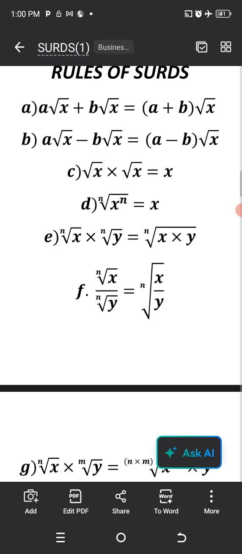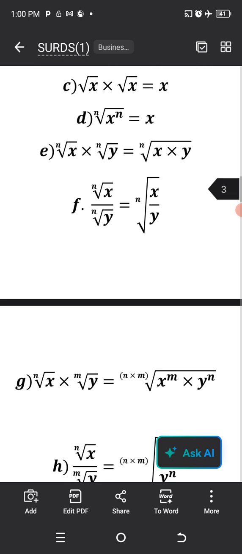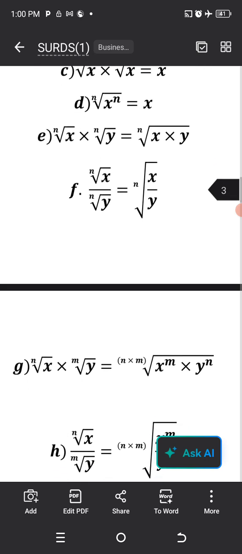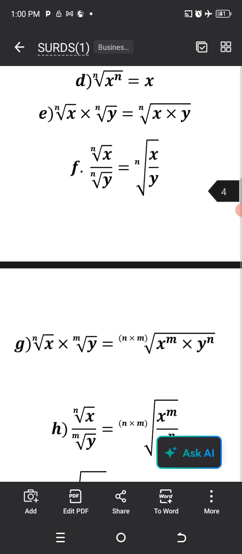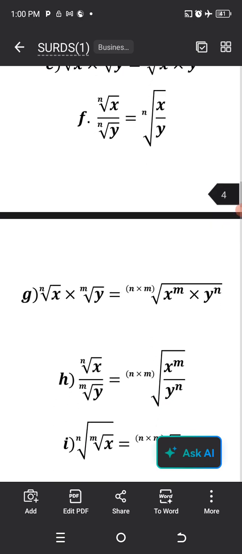So the nth root of x multiplied by the nth root of y can be expressed as the nth root of x multiplied by y. Then f: the nth root of x all over the nth root of y equals the nth root of x divided by y. So you can express it in that format too.